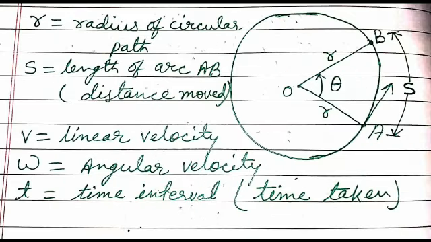In this figure, r represents the radius of circular path, s represents the length of arc AB, that is distance moved, v represents linear velocity, omega represents angular velocity and t gives us time interval, that is time taken.